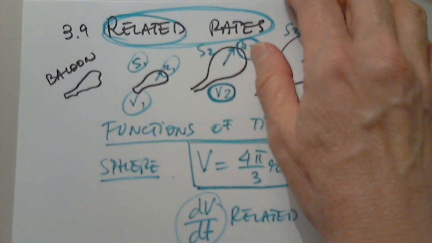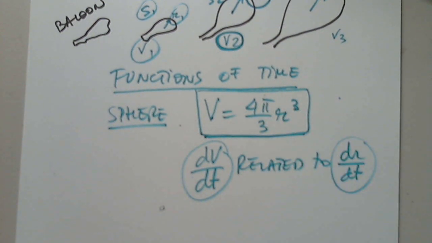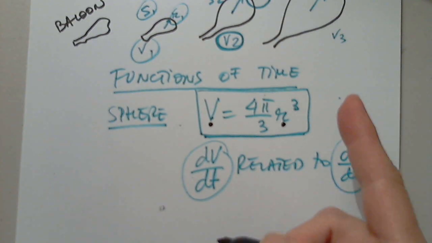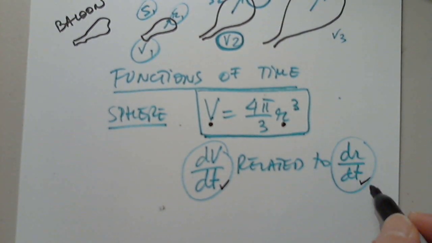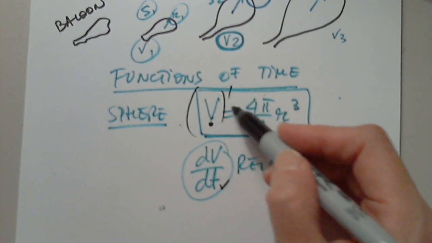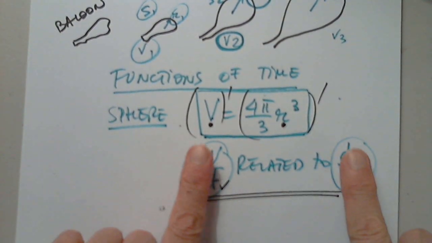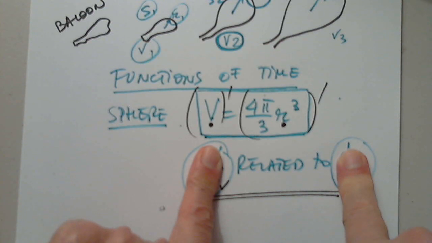So let's do that just now. So I'm going to put a dot under these two, reminding us that they are both functions of time. And I'm going to differentiate to find the relationship that relates their derivatives.